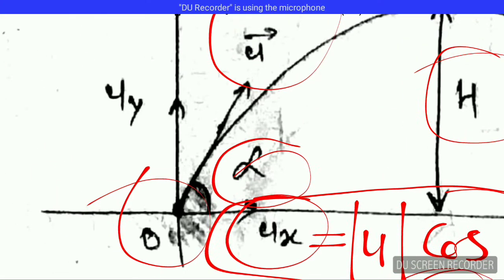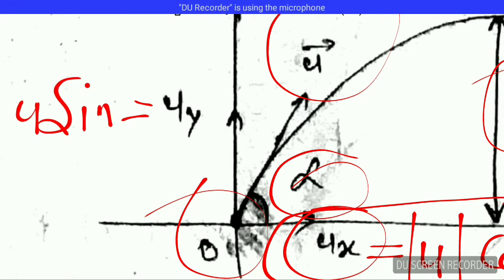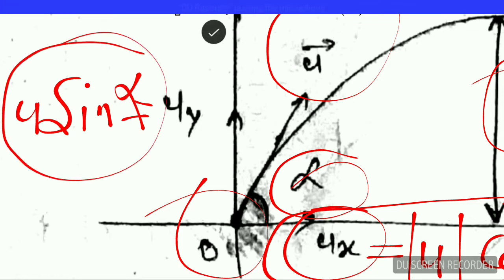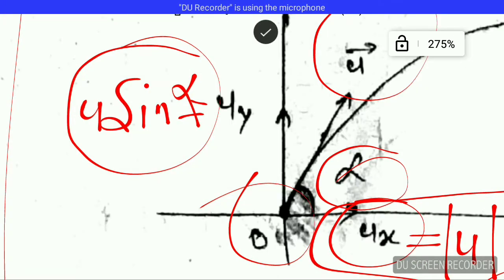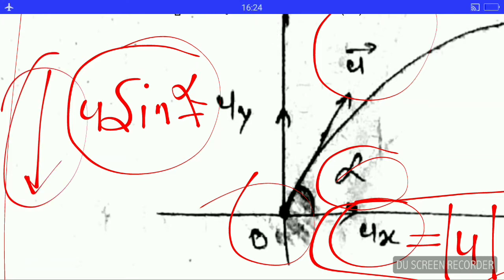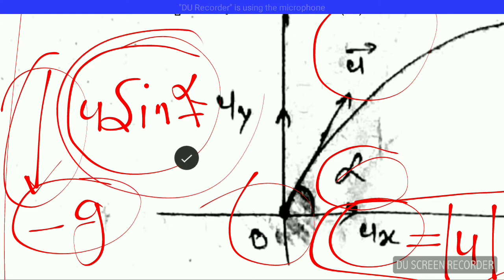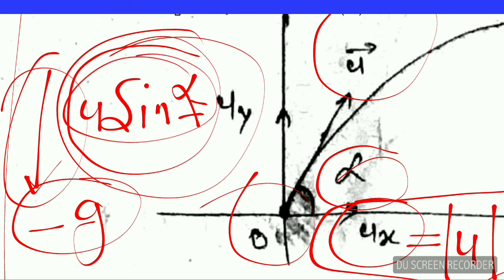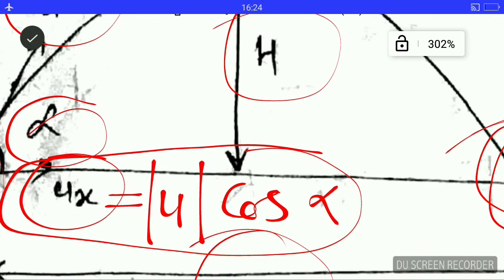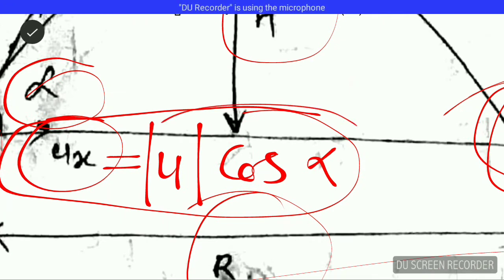Now the velocity along the y direction should be u sin alpha. In the y direction we know that the acceleration g due to gravity is always working, which is minus g. That is the reason why this component of the velocity will have different magnitude at different heights. So this component will change, but the x component will be constant.